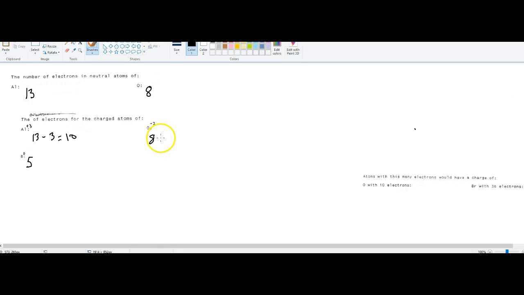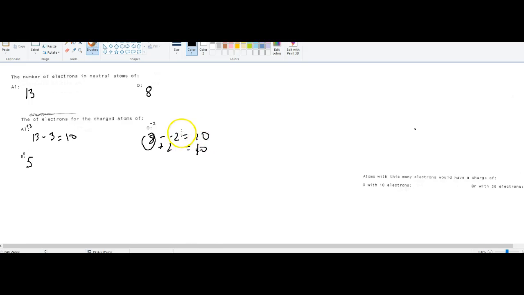Let me back that up. It's 8 electrons to begin with, because that's what it starts with. If I have 2 negative, that means I'm going to gain 2 electrons. So plus 2 gives me 10.